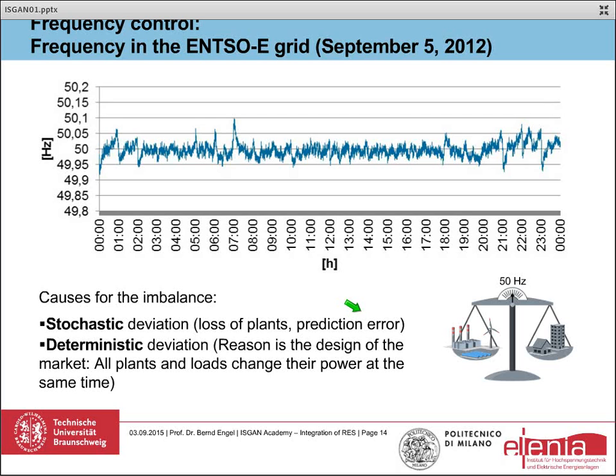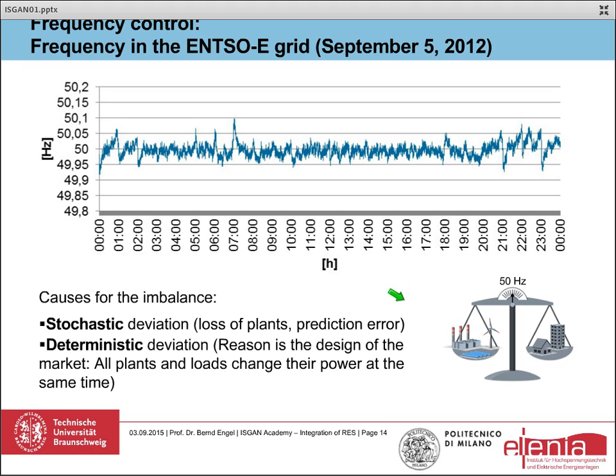And what are causes for imbalance? We have stochastic deviation, loss of plants, prediction error. Deterministic deviation reason is the design of the market. All plants and loads change their power at the same time.